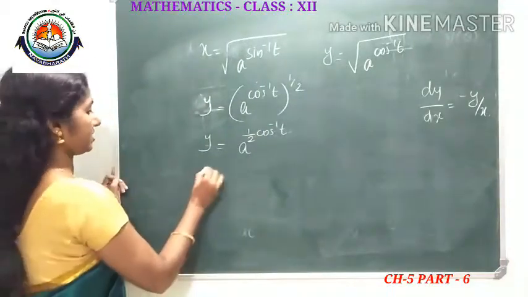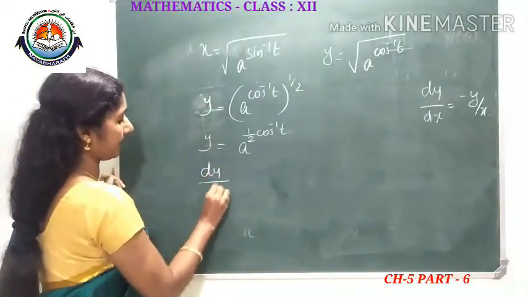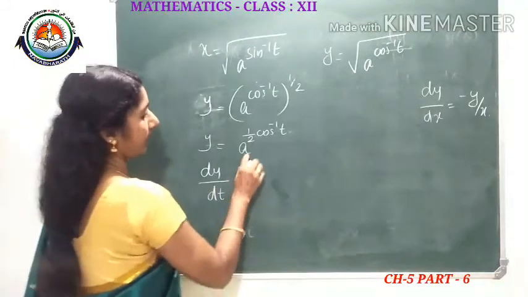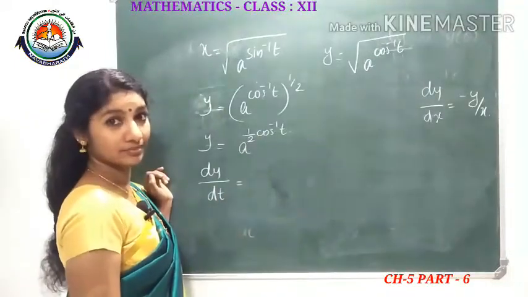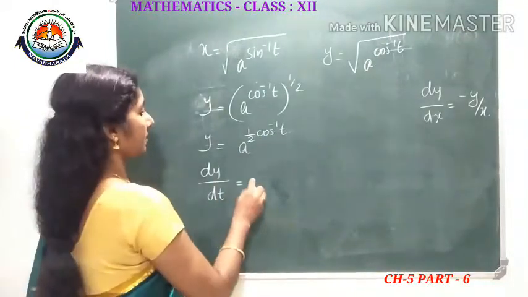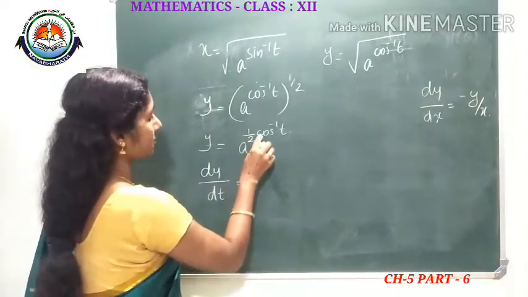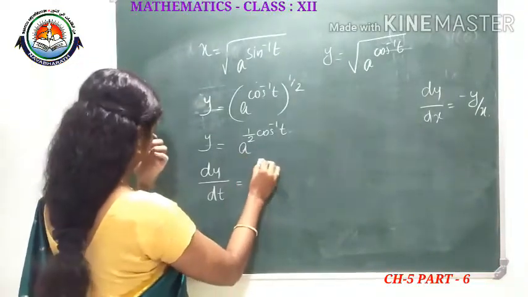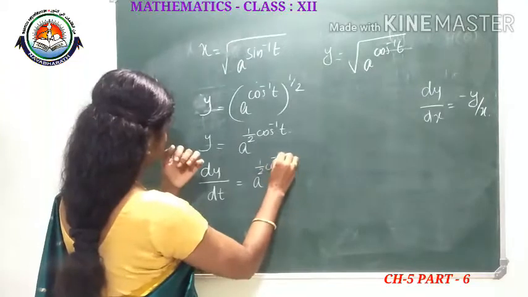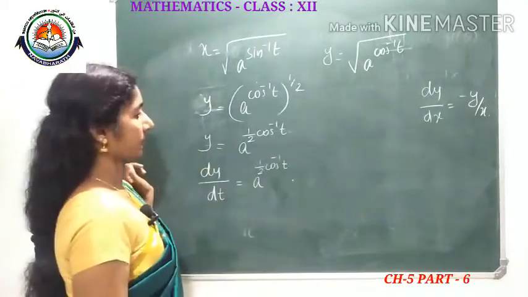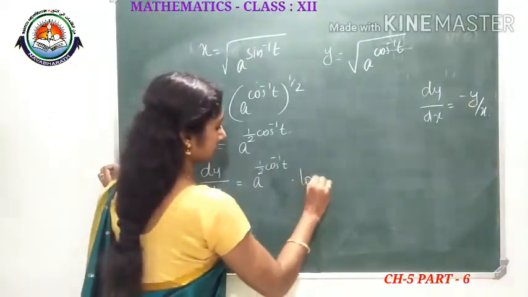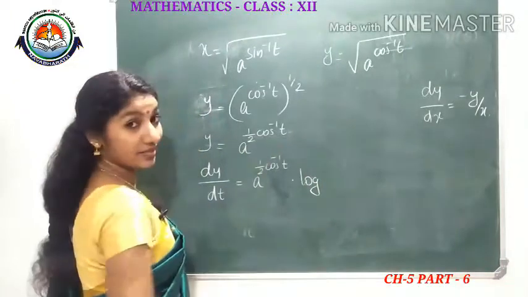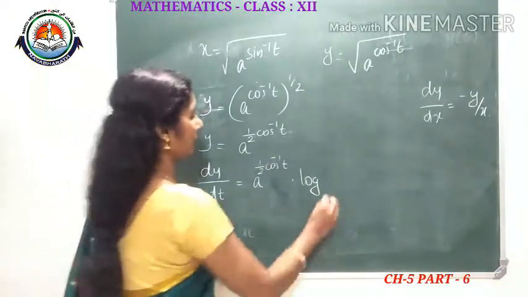Then we can do differentiation. dy by dt is equal to a raised to x form. So a raised to 1 by 2 cos inverse of t into log a, since the derivative of a raised to x is a raised to x into log a.